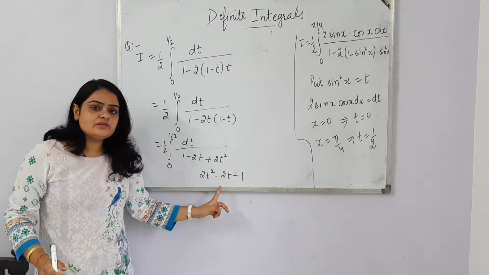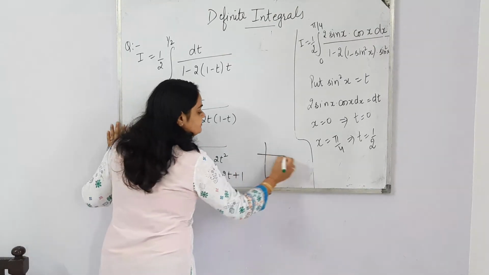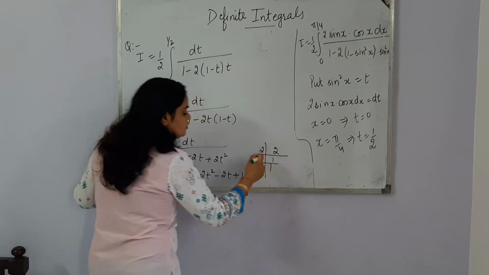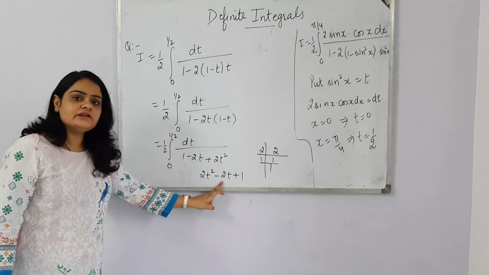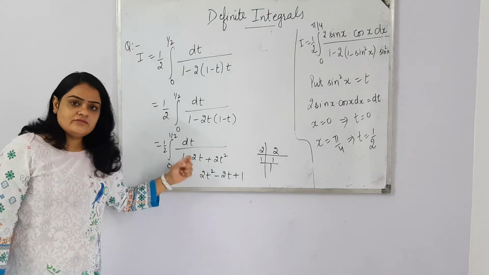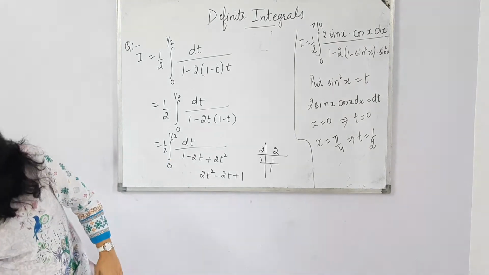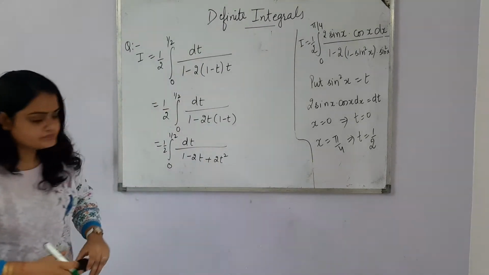But it is not possible, because the factors of 2 are 2 and 1. So 2 plus 1 is 3, 2 minus 1 is 1. But we need 2. That is not possible. So factors are not possible here. If factors are not possible, that means we need to do the complete squaring criteria.